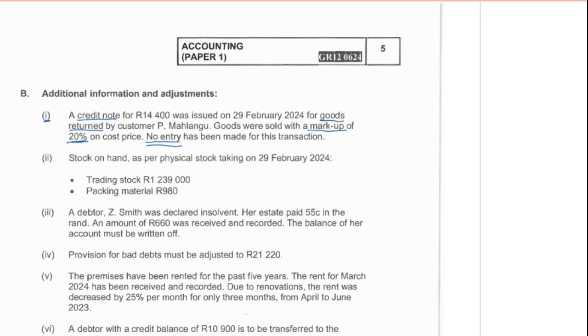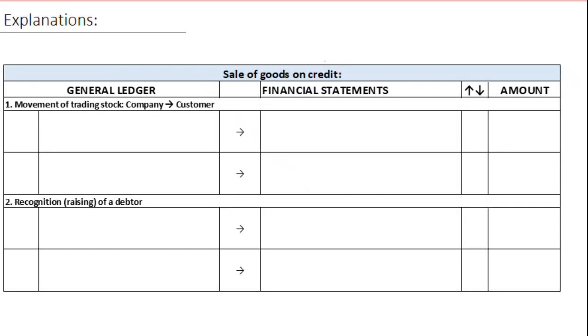A credit note is issued when a customer returns goods which the company previously sold to them. This means that the company must now reverse all the entries it previously recorded in its accounting records when the sale occurred.